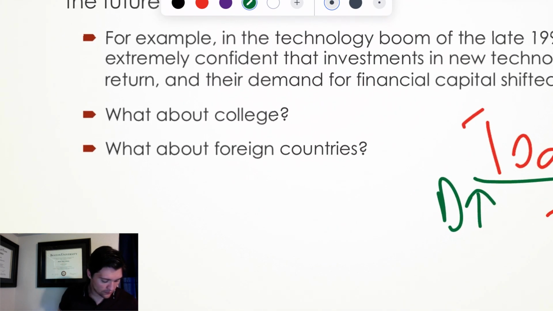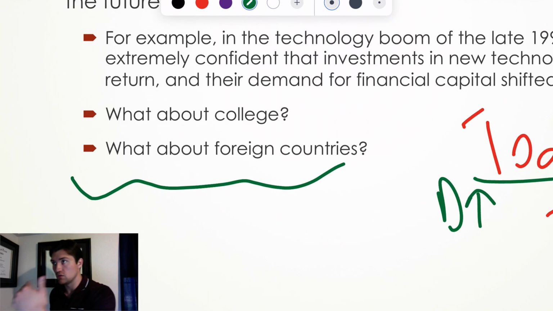Finally, if foreign countries, okay, if I am demanding to put my money in Mexico, I am demanding less here. Now, if I'm demanding less here, then that would decrease the demand, or I could be using my savings over there. So it's going to be pretty obvious in the question about which one it is, demand or supply. Whatever makes sense. So if it's an open response question and you can explain to me why it would be supply down or why it would be demand down, if I can see your thinking behind it, I'll give you points for it because it's correct.